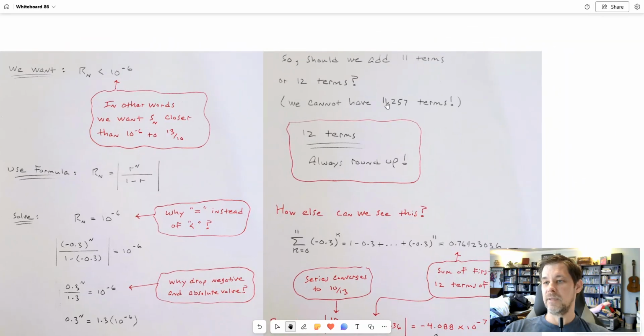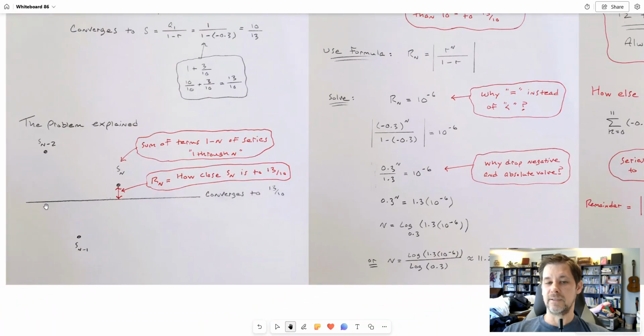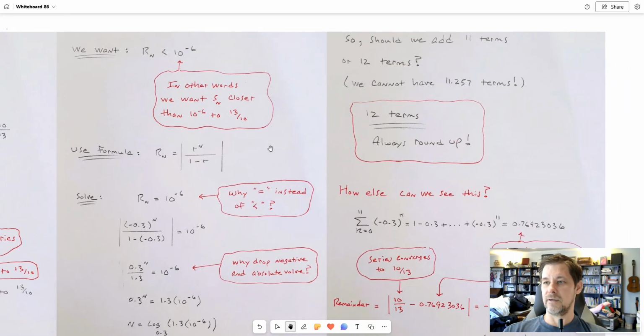It turns out because the answer is not a nice whole number, you can't get exactly at that. But if you go to the next term, you can get below it because these gaps get smaller as you keep going. So we'll always round that number up. We might solve this and get some kind of decimal, even though you would ordinarily round 11.2 to 11, not in this case. We round it to 12.